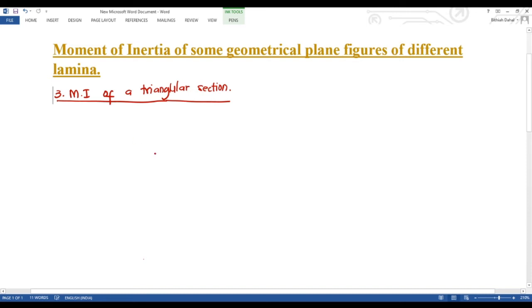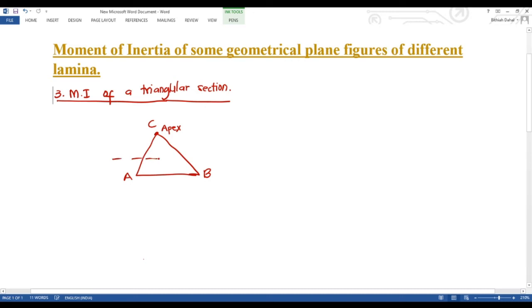So let me draw the section first. Triangular section, and let it be A, B and C, and this point be the apex of the triangle.